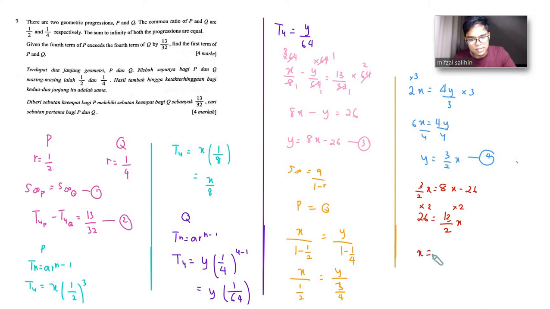So x is equivalent to 4. Now we can find the value of y by inputting the value of x inside equation number 4. So y is equivalent to 3/2 multiplied by 4. Hence, y is equivalent to 6.